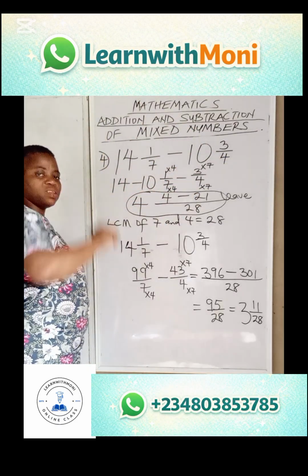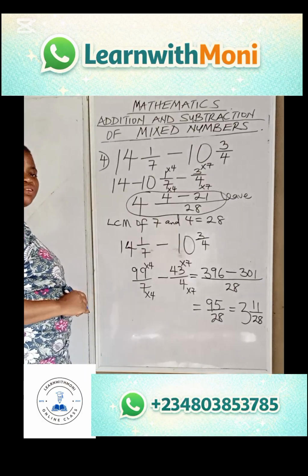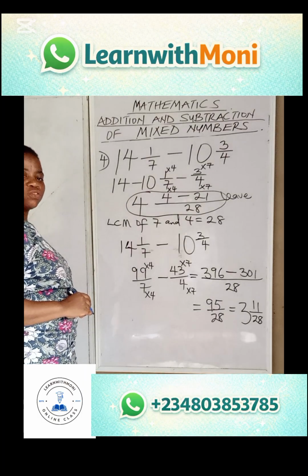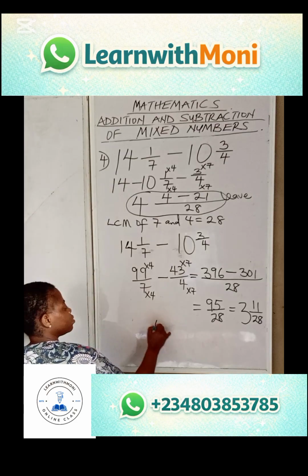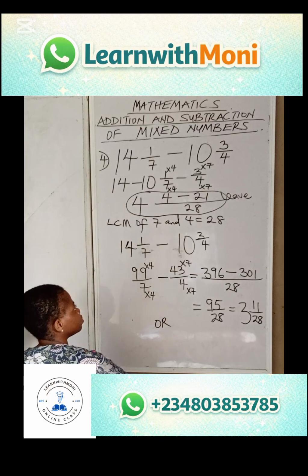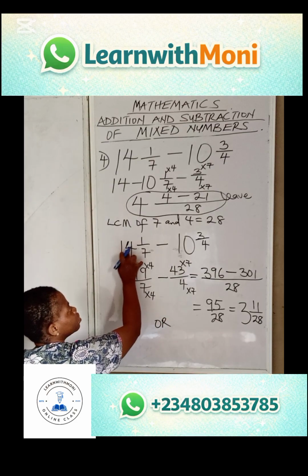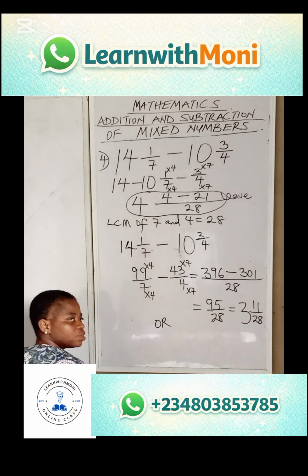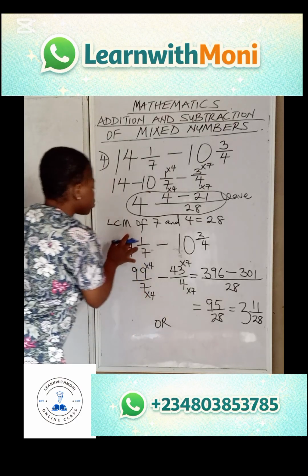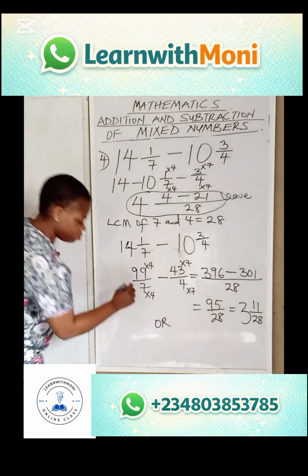I want to repeat the method I used in number 3 so that you can get it. Or you can do this. This is an alternative method. Instead of changing the entire 14 whole number 1 over 7 into an improper fraction, you can actually pick only one out of the 14.